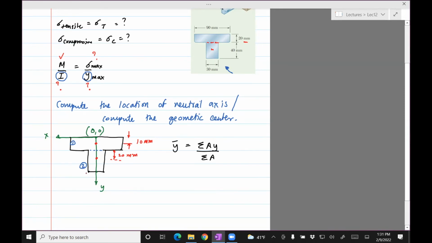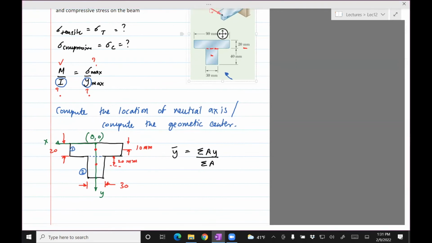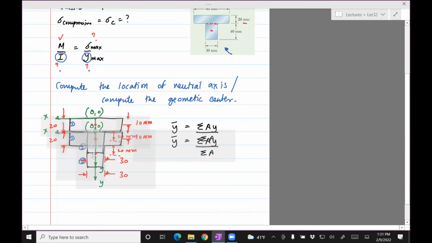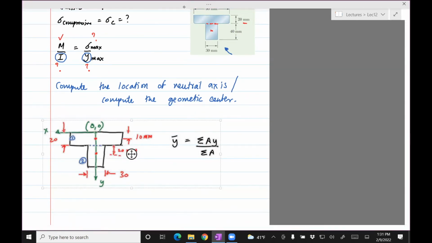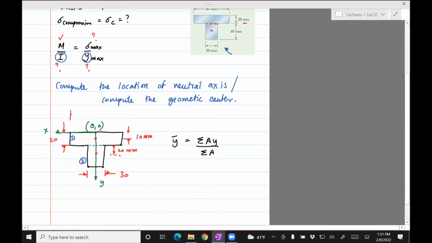Then I'll fill in the dimensions: 30, 20, 90.